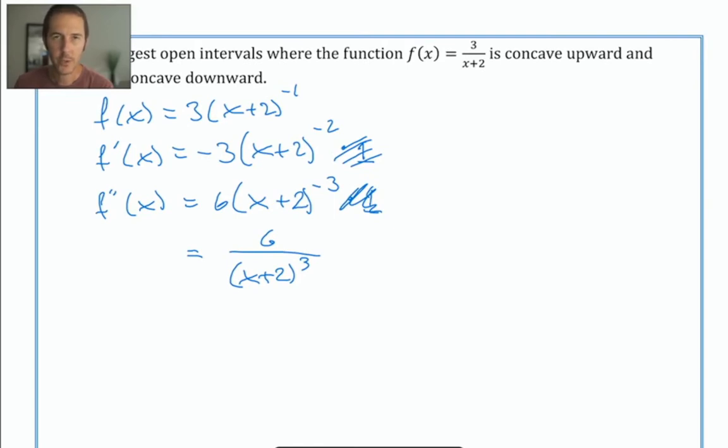Will this function, our second derivative, ever equal 0? No, because the only way for a fraction to equal 0 is if the numerator equals 0, and I don't think 6 is ever going to equal 0. So maybe we have an inflection point where the function is undefined.